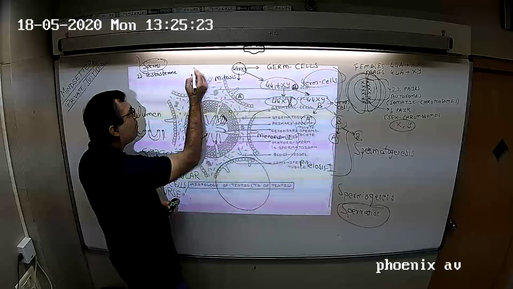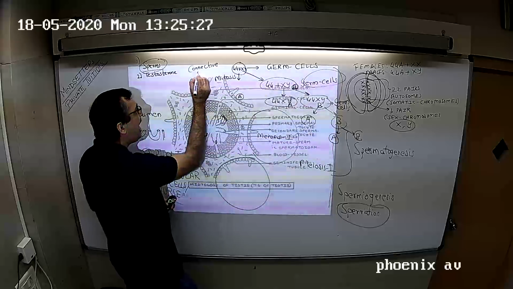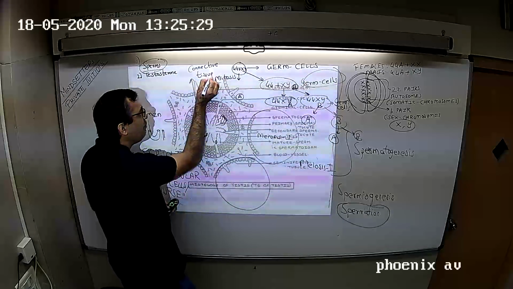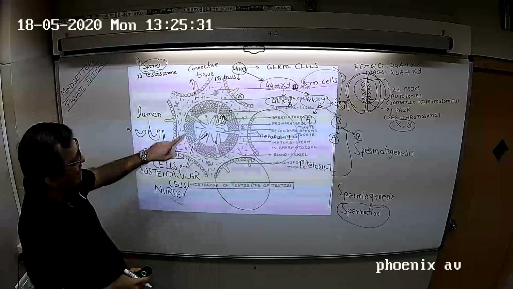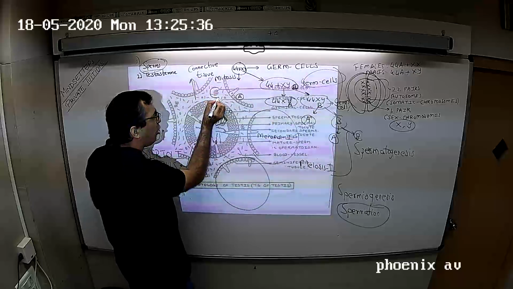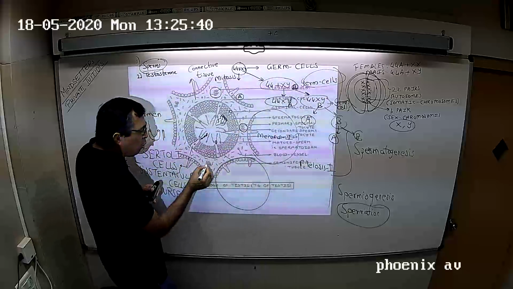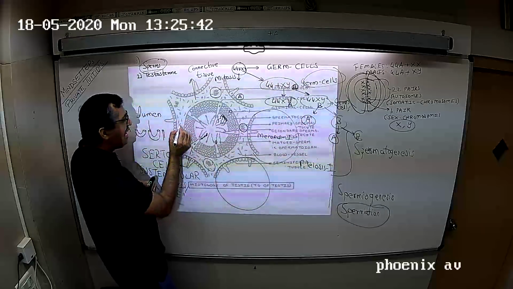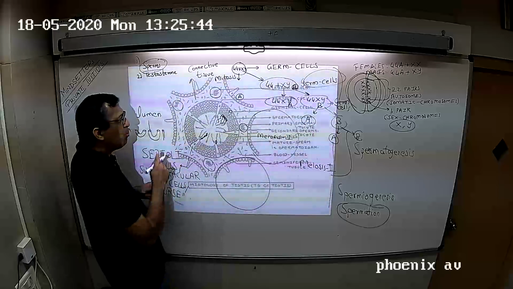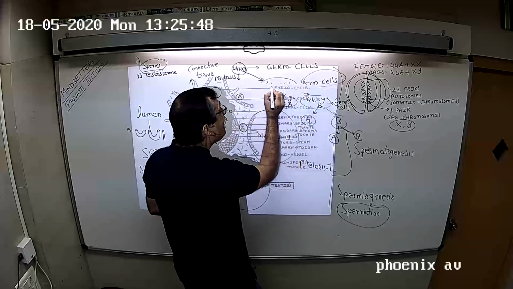White fibrous connective tissue is present, and that connective tissue has in it isolated groups of cells.